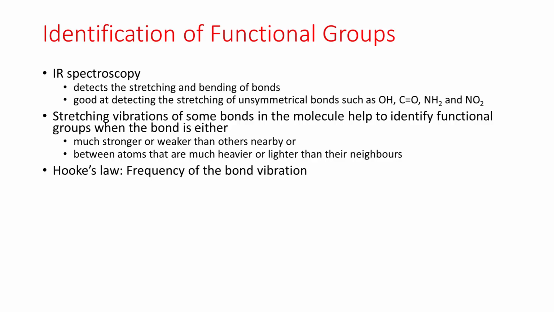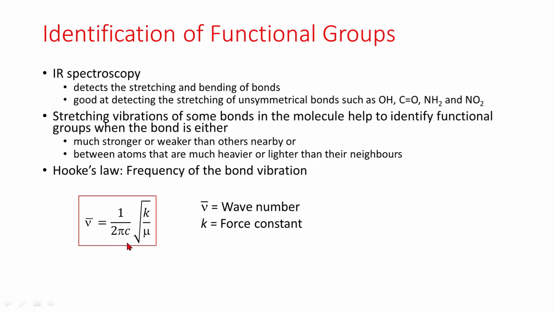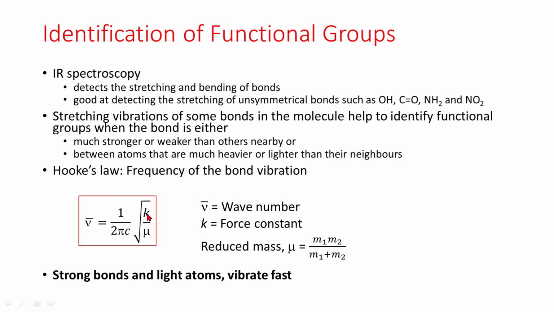Frequency of bond vibration is given by Hooke's law. Wave number is 1 by 2 pi c under root k by mu, where mu, the reduced mass, is m1 m2 divided by m1 plus m2. Stronger bonds and lighter atoms vibrate faster.